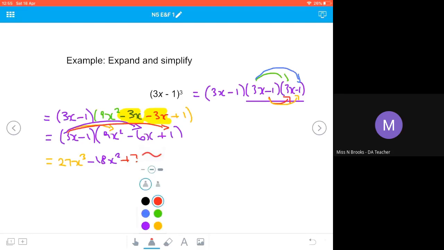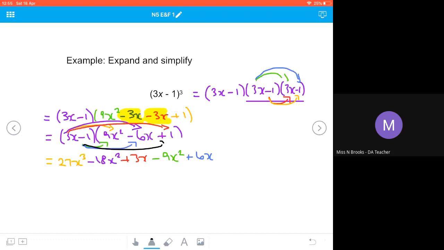Then we're going to do our rainbows on the bottom, and we're going to do negative 1 multiplied by 9x squared, and that's going to give us minus 9x squared. We're then going to do negative 1 multiplied by negative 6x, which is going to give us a positive 6x. And then we're going to do negative 1 multiplied by positive 1, and that's going to give us a negative 1.